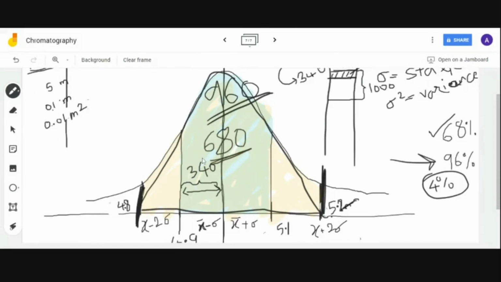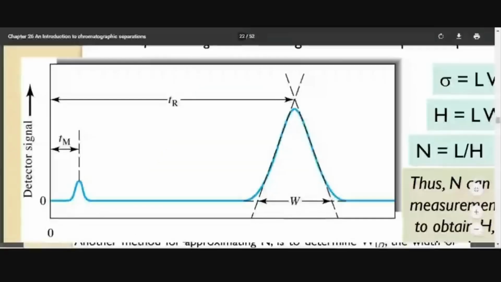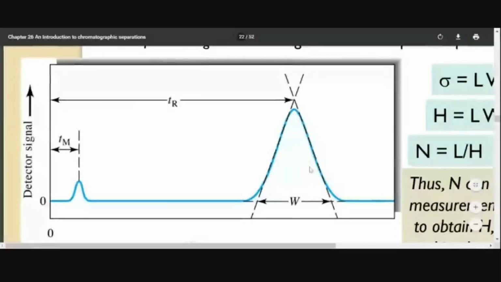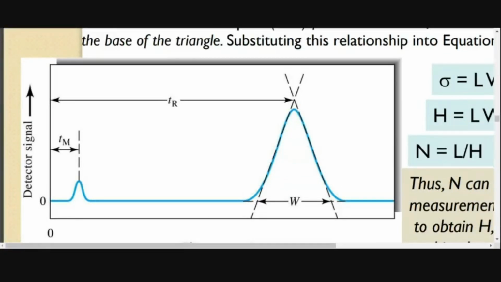Now, let us come back to the slide. Can you see the approximate triangle drawn over here? The lower part of the triangle is considered as the width of the peak. A small thing you need to consider: this small triangular part from the Gaussian peak is eliminated, but this small triangular part is included over here, so it is some compensation for the 4% that is eliminated.